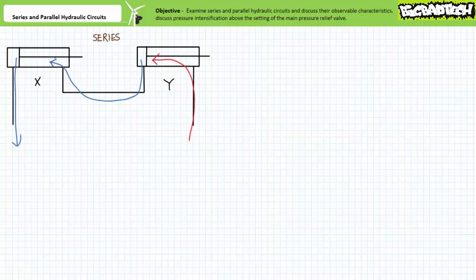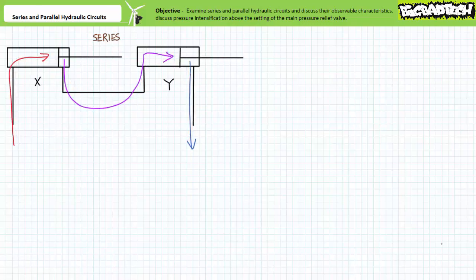During retraction, both rods retract simultaneously due to the quantity of incompressible liquid between the linked cap end of cylinder Y and the rod end of cylinder X. During extension, both rods extend simultaneously due to the quantity of incompressible liquid between the linked rod end of cylinder X and the cap end of cylinder Y. The series relationship between cylinder X and Y has therefore served to synchronize the act of extending and retracting their respective rods.